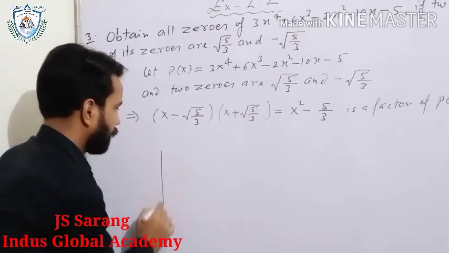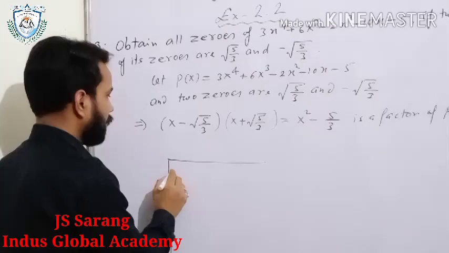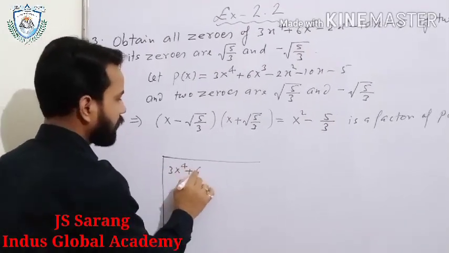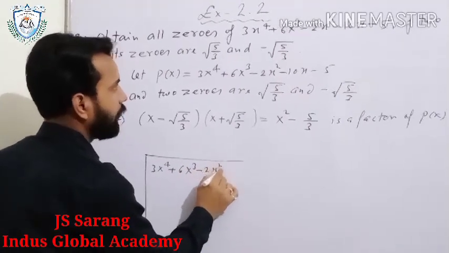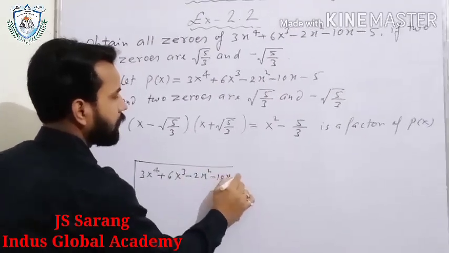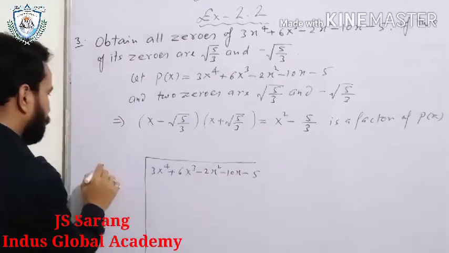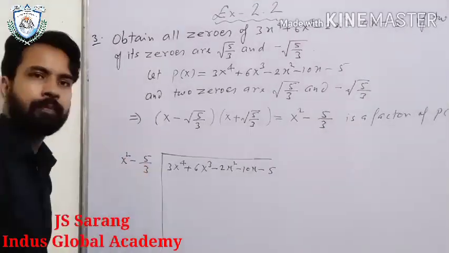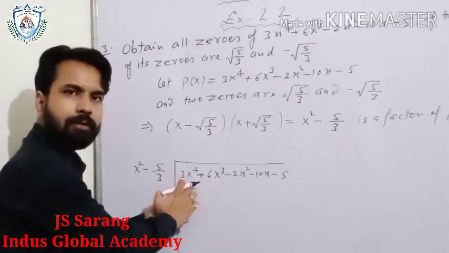Now we will divide this polynomial. This polynomial is 3x to the power 4 plus 6x to the power 3 minus 2x square minus 10x minus 5. It will be divided by x square minus 5 upon 3. Now we will divide it. The very first value of this is 3x to the power 4.